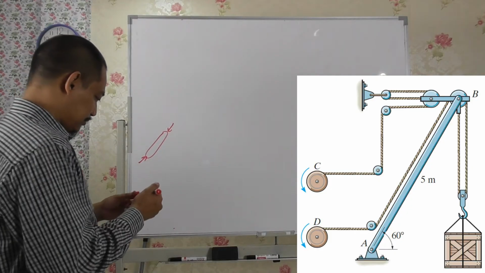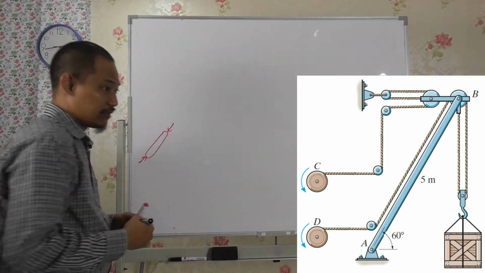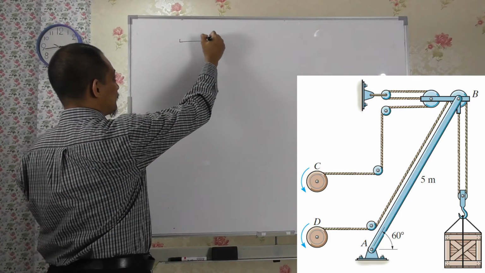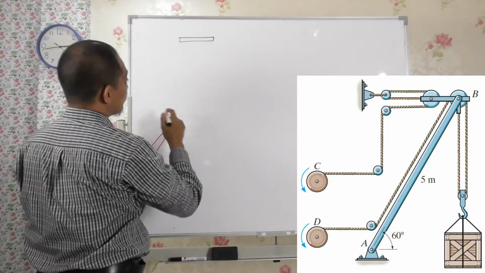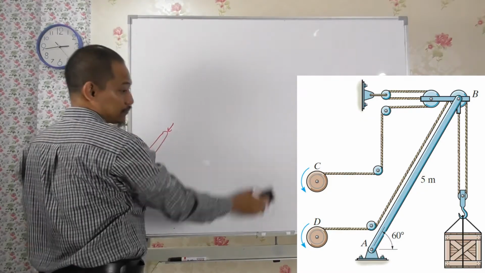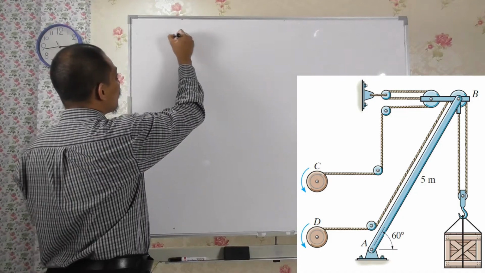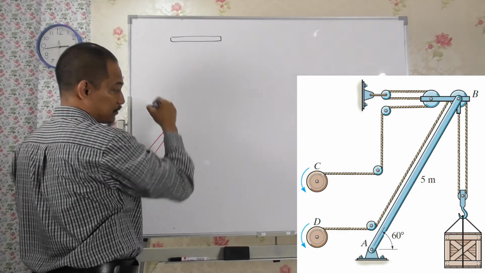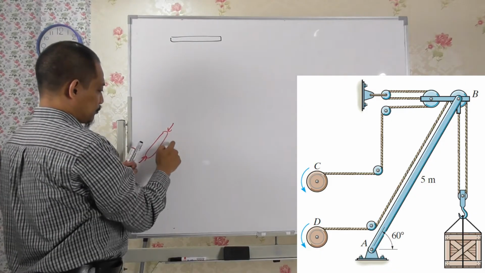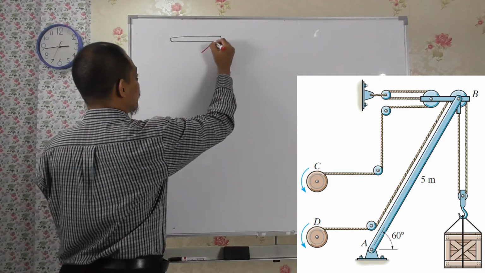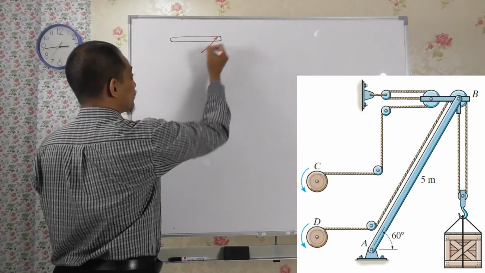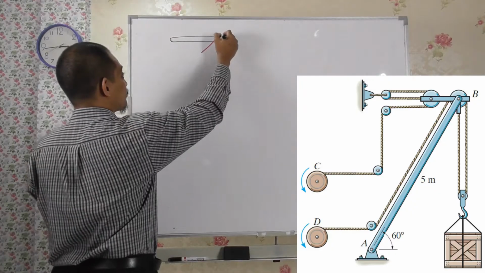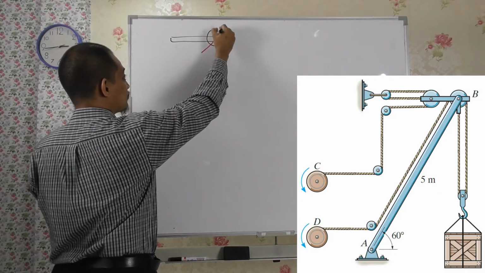So let's draw the free body diagram. You take the whole thing there. Because you have this two-force member, you have a force here already at the center of the wheel.